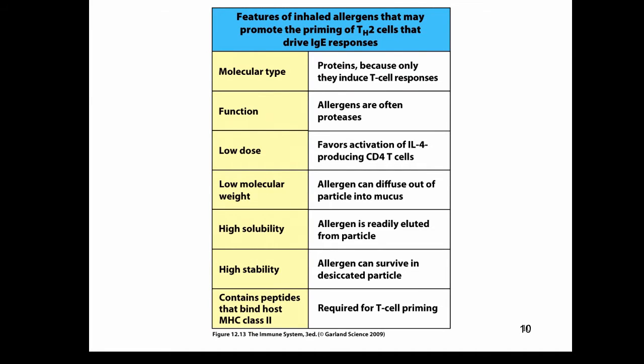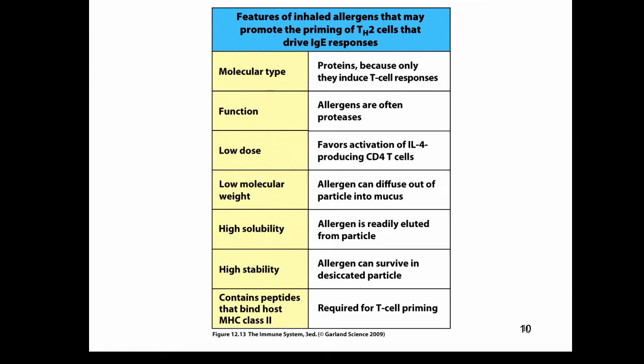So let's just talk a little bit about the characteristics of allergens themselves that make them prone to inducing this Th2 IgE effector response. Typically allergens are proteins, and that's because proteins are good at activating T cells. It turns out that allergens often have enzymatic activity and are proteases.